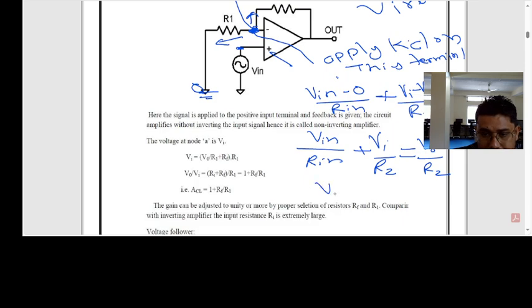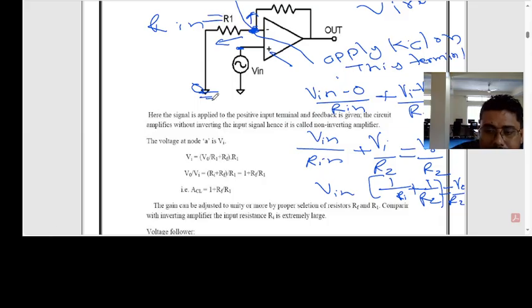Then we can take the Vn in common, then 1 via Rn, or its other name is Rin, plus 1 via R2 equal to V0 via R2.